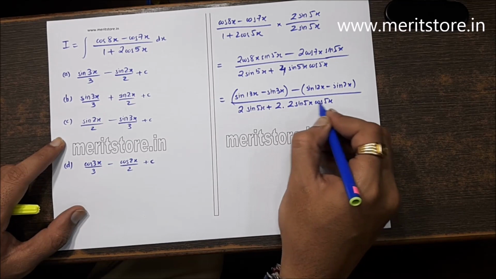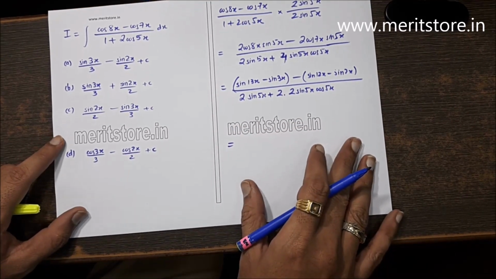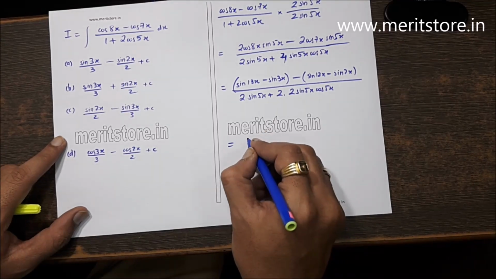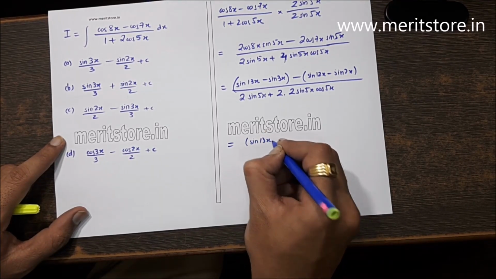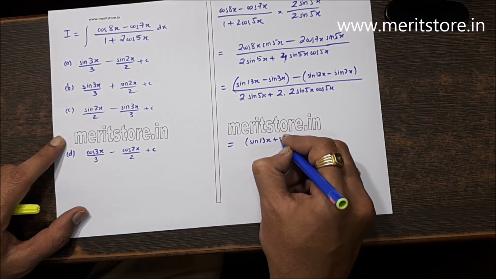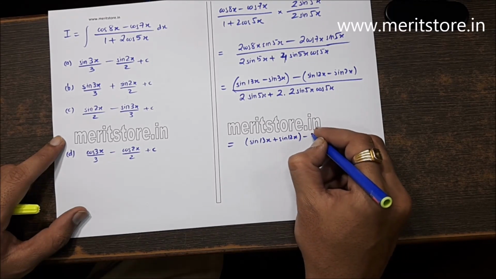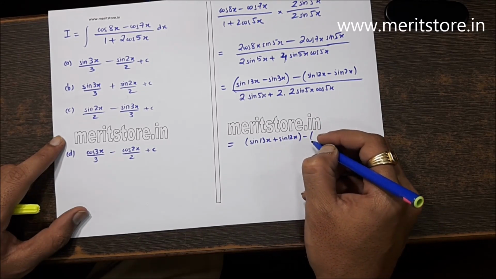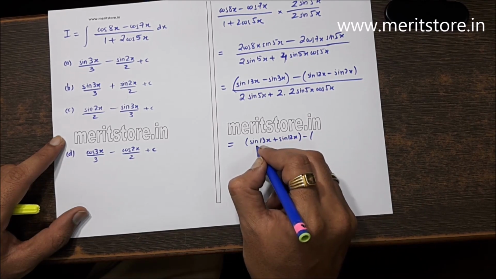This forms the formula of 2 sin theta cos theta, and in the numerator I am restructuring the terms as sin 13x plus sin 12x minus... sorry.